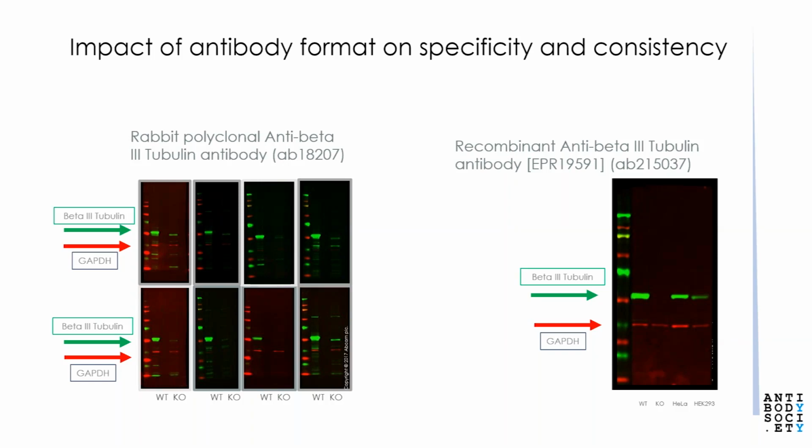What you can see here is that while the polyclonal performs well and has specificity for the target protein, some batches actually show off-target binding, which is extra bands that are not eliminated in the knockout. In contrast, we have found that with the recombinant rabbit monoclonals, the batch-to-batch variability is virtually eliminated. And when confirming specificity of all these batches, we see pretty much all of the batches perform the same.